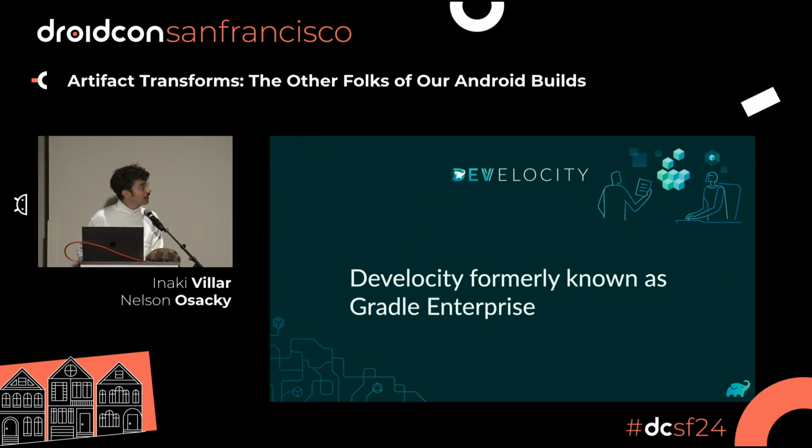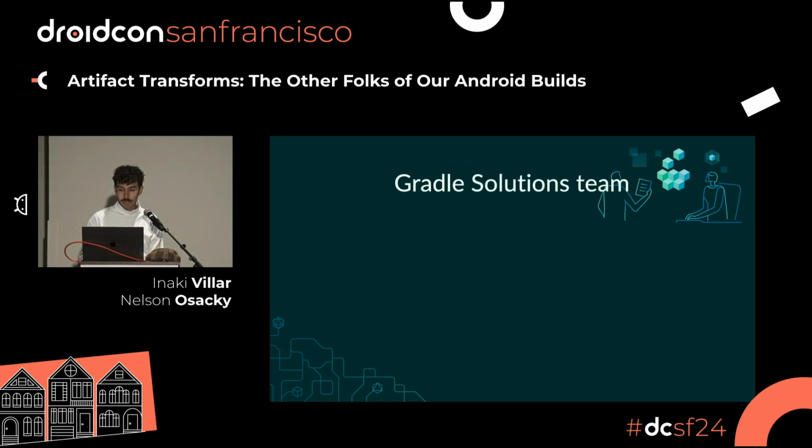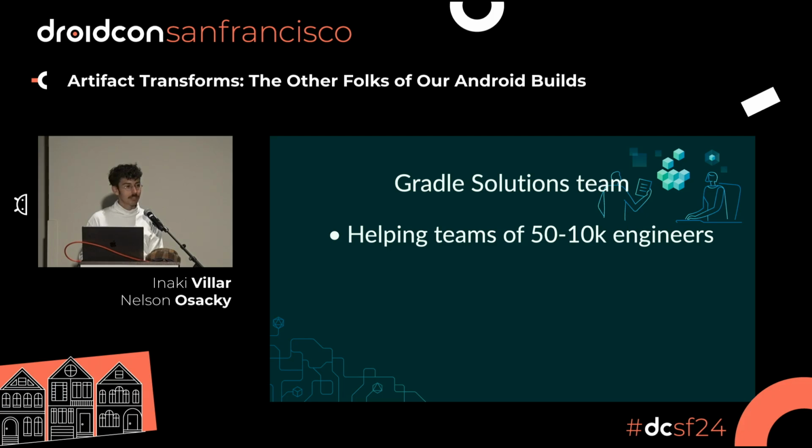Before we dive into the depth of artifact transforms, we want to explain a little bit about developer productivity and just explain one thing: Velocity used to be Gradle Enterprise. So if you know it as Gradle Enterprise, it's now called Velocity. On the solutions team, we help teams across the board, from 50 engineers all the way to 10,000 engineers.